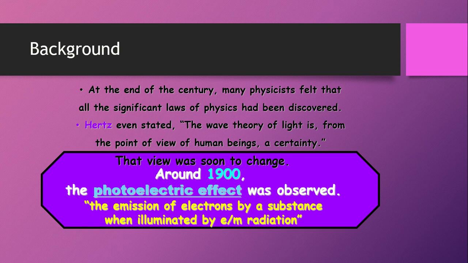Now that view was soon to change. Around the year 1900, the photoelectric effect was discovered: the emission of electrons by a substance when illuminated by electromagnetic radiation. That is what they were yet to discover at that time. Careful study of the photoelectric effect was performed by many scientists.